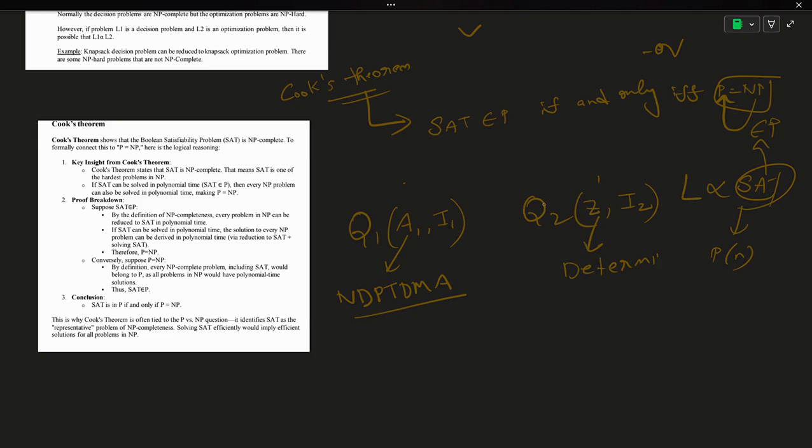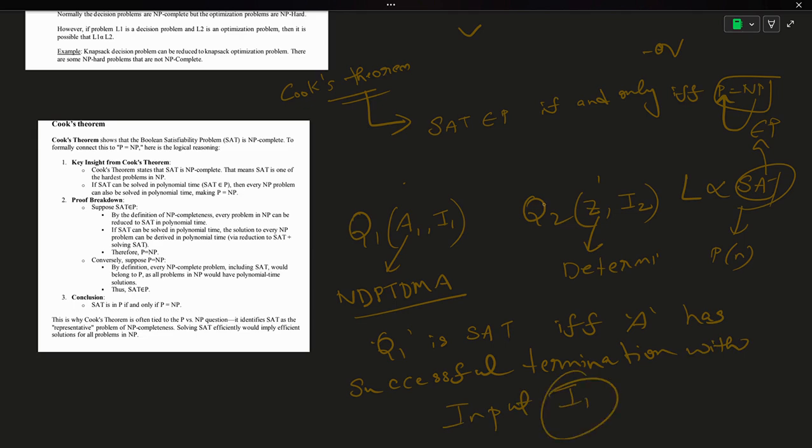I say that Q1 is satisfiable if and only if A has successful termination with input I1. It means that if I was able to successfully terminate the program with input I1 using this non-deterministic polynomial time decision-making algorithm, then I say that Q1 is satisfiable.